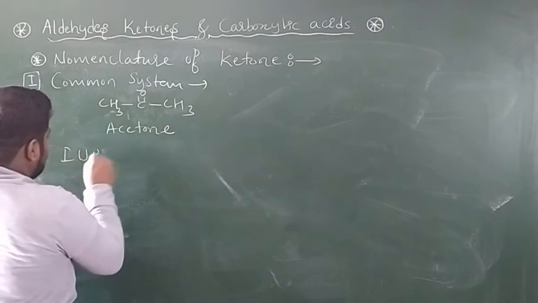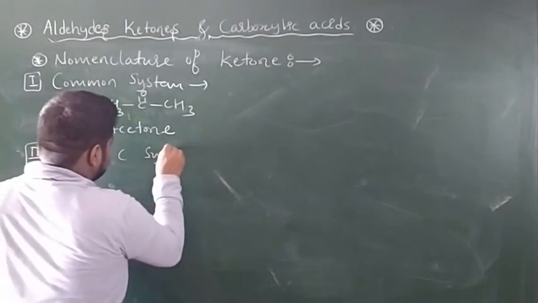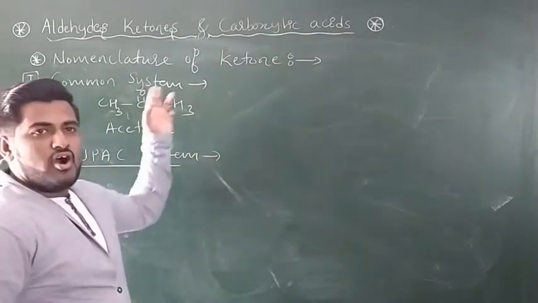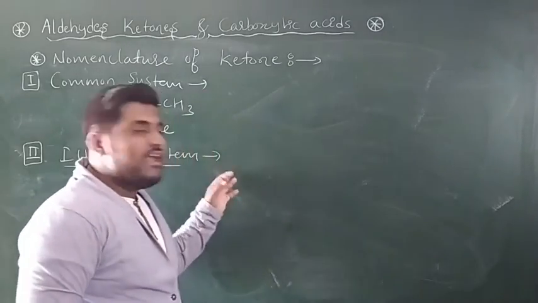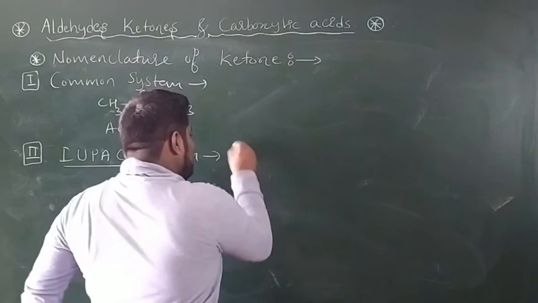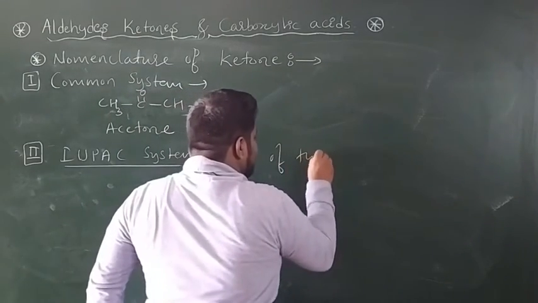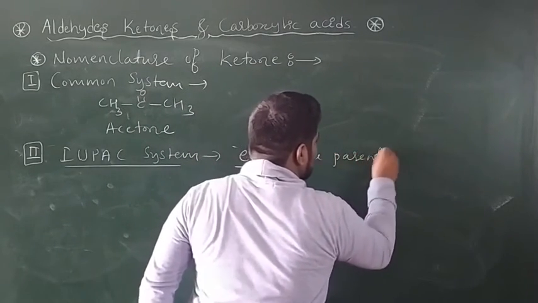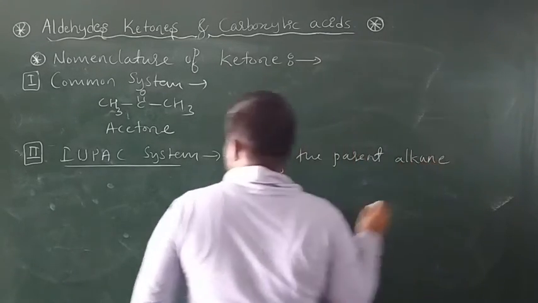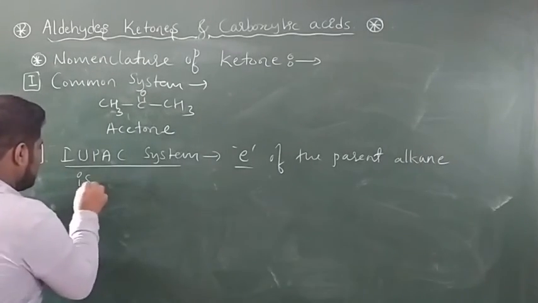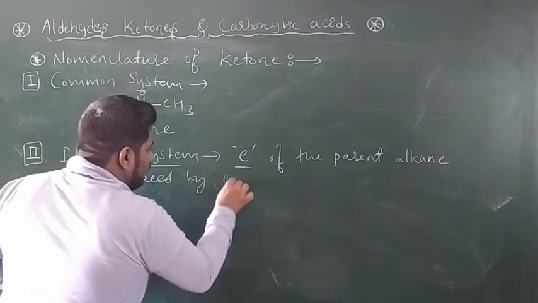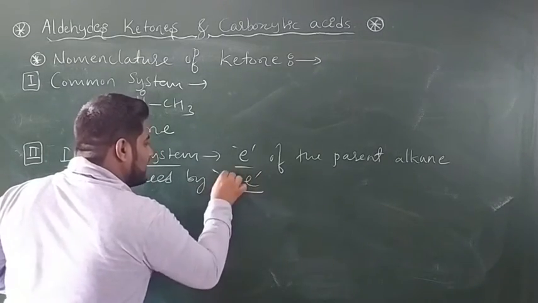Second type of naming, the IUPAC system. This is very important. In the IUPAC system of ketone naming, the E of the parent alkane is replaced by ONE. Remember this one.